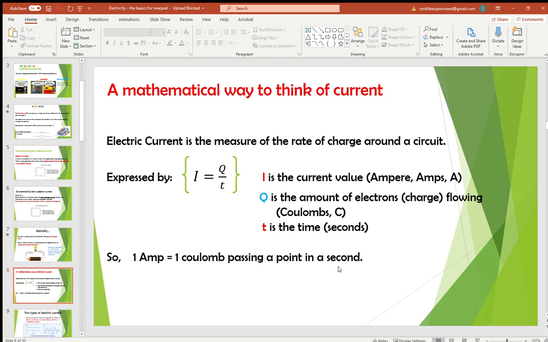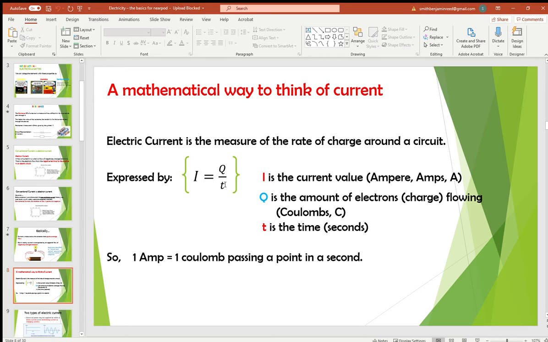So if you think about current mathematically, now we won't actually use this formula right here. Current equals charge, Q, divided by time. But it does help us understand what electric current is. So electric current is the rate at which charge travels around a circuit. So Q is the charge of an electron, and T is the time that charge is passing.